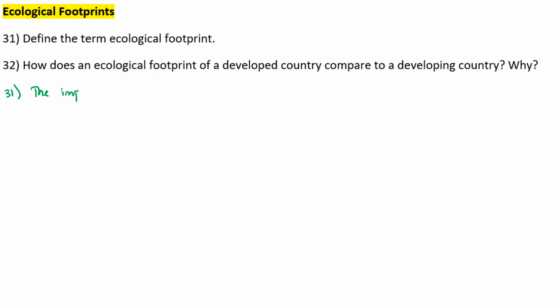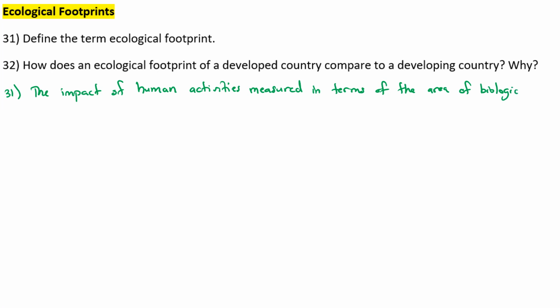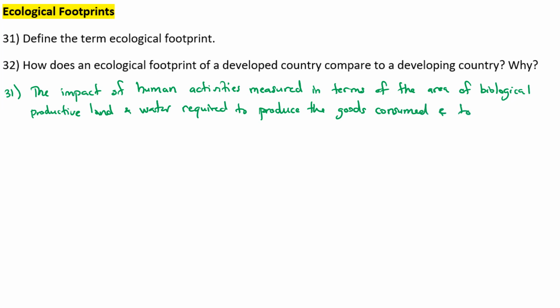The impact of human activities measured in terms of the area of biological productivity or productive land, apologies, and water required to produce the goods consumed and to assimilate the waste generated.